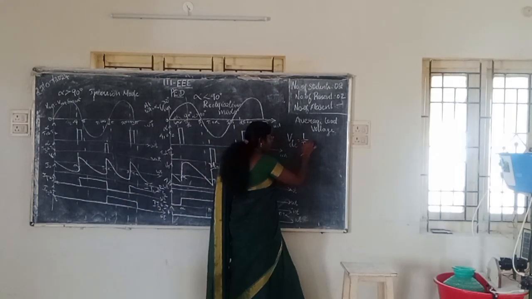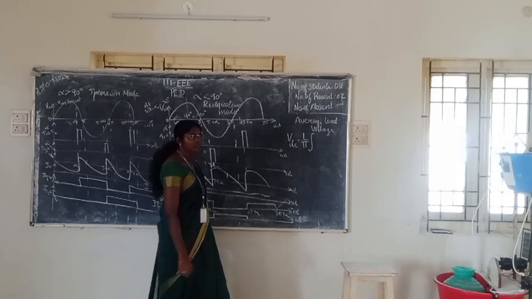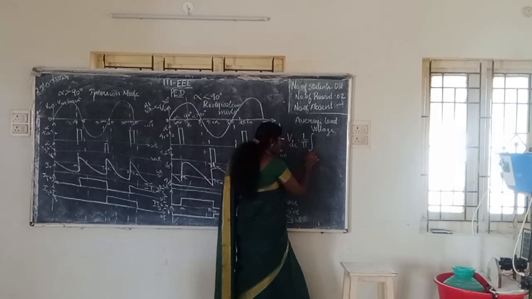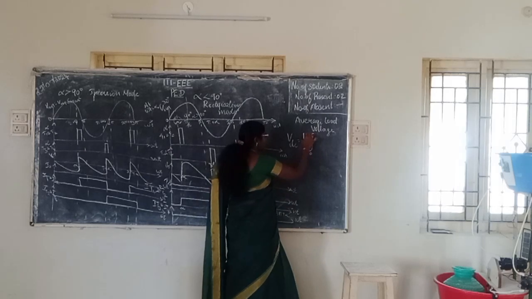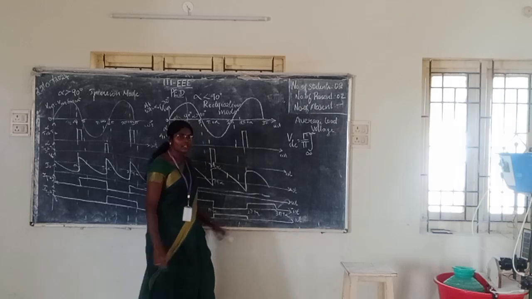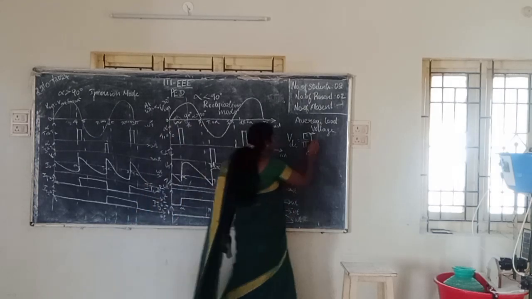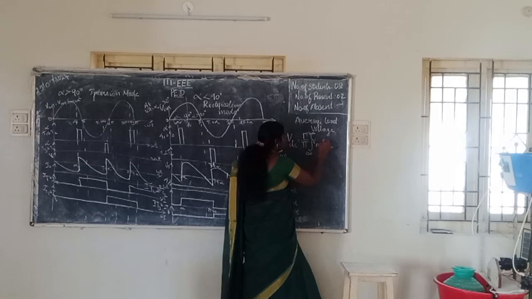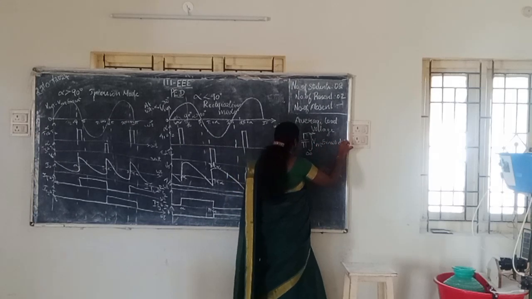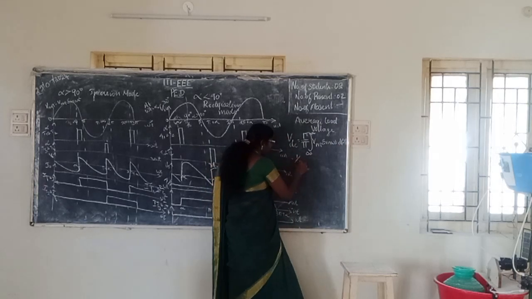So 1 by pi integral. Conduction starts from alpha, alpha to pi plus alpha, the next trigger. The input voltage is Vm sin omega t.